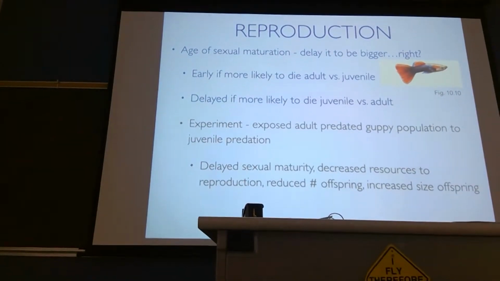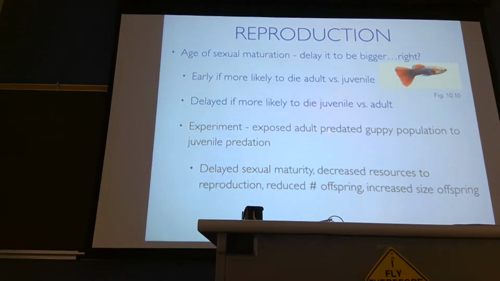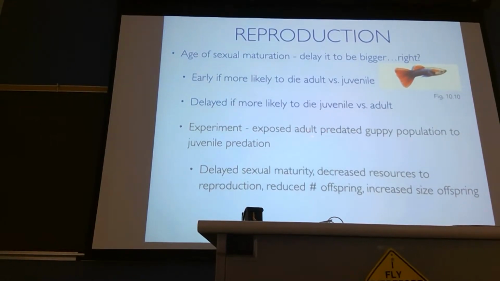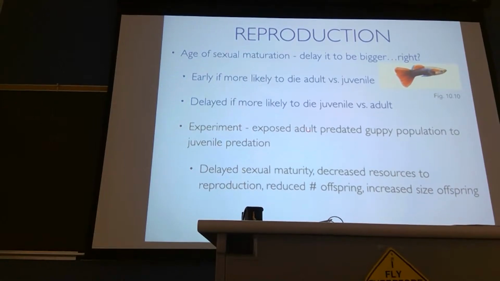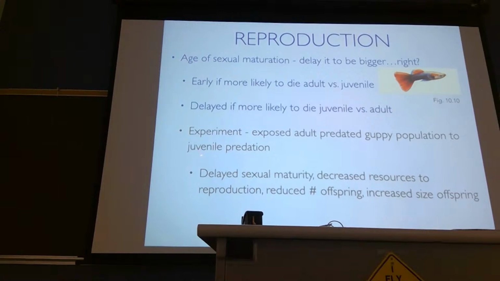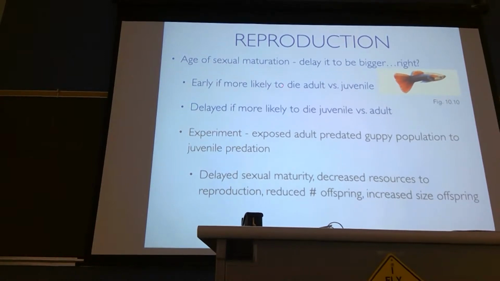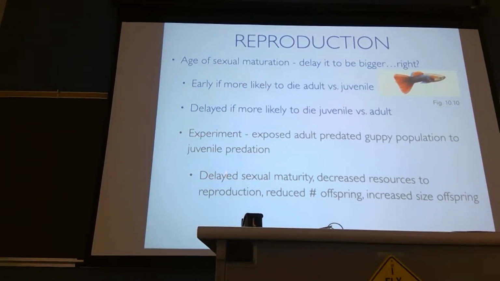They switched the timing of predation. There were different predators. In the first pond, where the adults were getting eaten, they had a bigger fish that was eating bigger prey. And they put them in a pond where they had a smaller predator that was eating smaller prey, the juveniles.